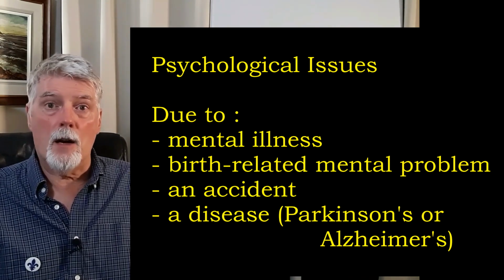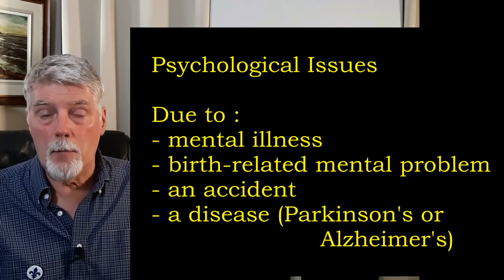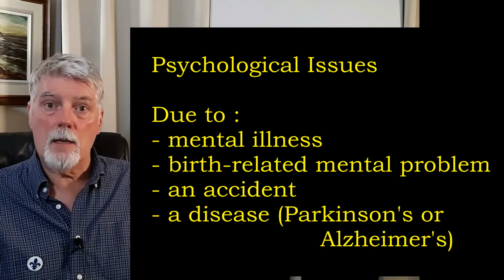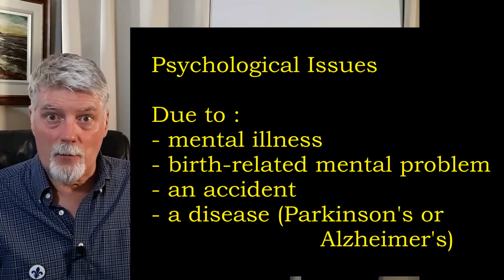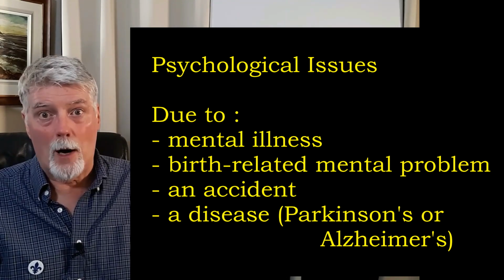So these cause problems for people, and at the same time, we as the public have to communicate effectively with these people so that we have no problems with them.